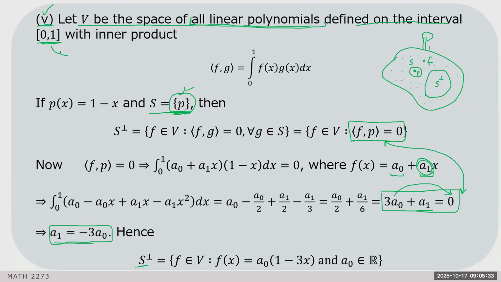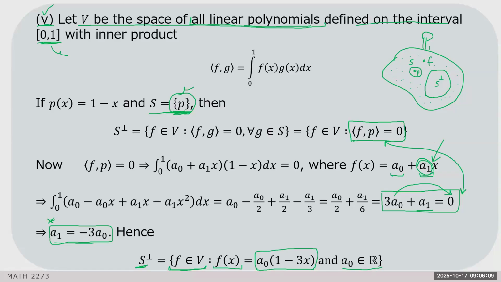So my orthogonal complement of S is made up of all vectors in P1 such that those vectors look like A0 times (1 minus 3x). So how did I get this? I plug in for A1 the equation A1 equals minus 3A0, and I pull A0 out to the front, where A0 is any real number.